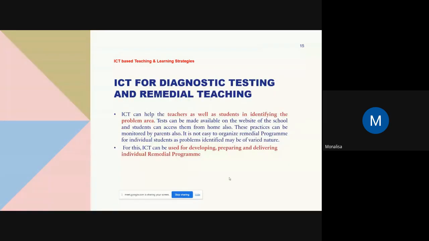So if we come to the slide on how ICT can be used in diagnostic testing and remedial teaching. You can use ICT for diagnosing what the students are gaining or not, or you can provide remedial teaching. Being a teacher, we must have experienced that there are some students who fail to understand certain concepts or retain certain information for a long time.